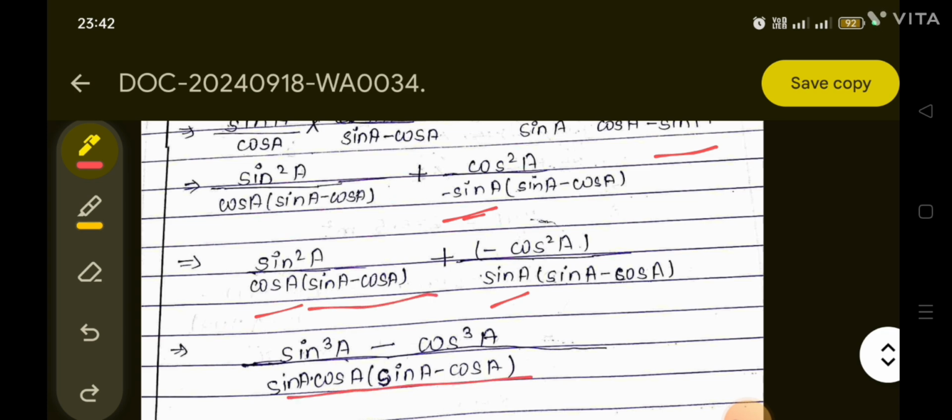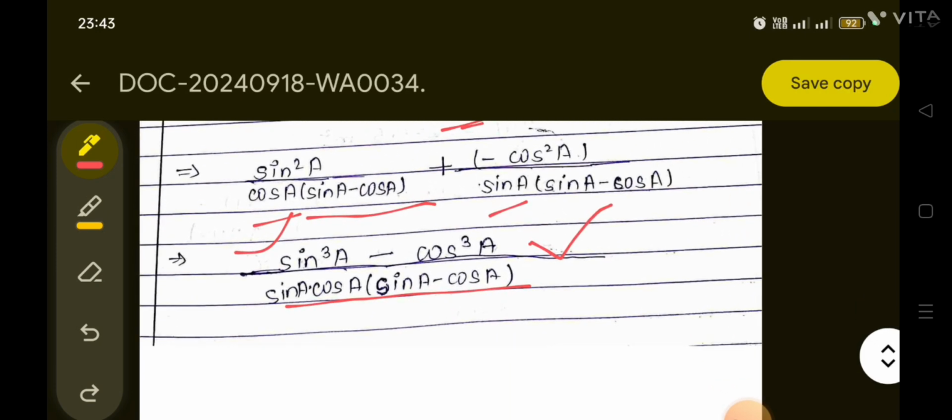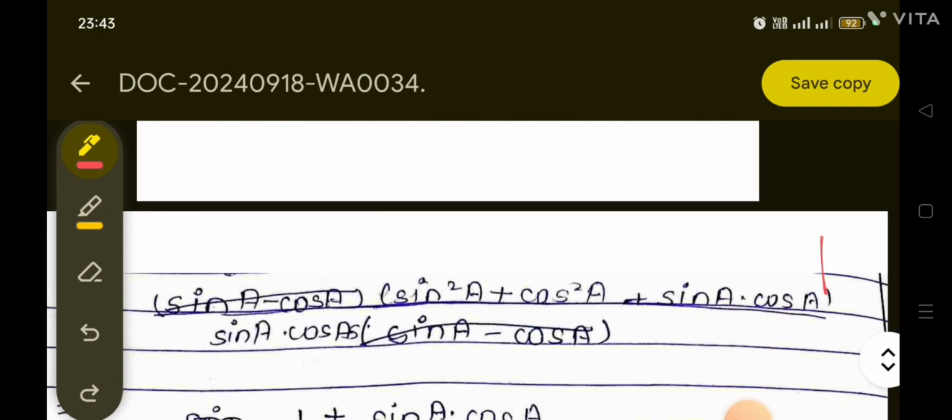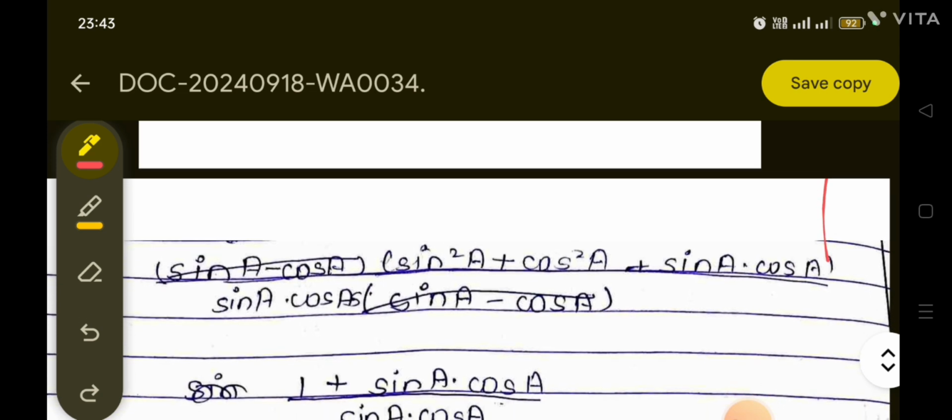In the numerator it will be sin square A into sin A, sin cube A, and on this side minus cos square A into cos A, it is cos cube A. Now in the numerator, a cube minus b cube, we will apply the factorization of a cube minus b cube, a minus b into a square plus b square plus ab, upon sin A into cos A into sin A minus cos A.